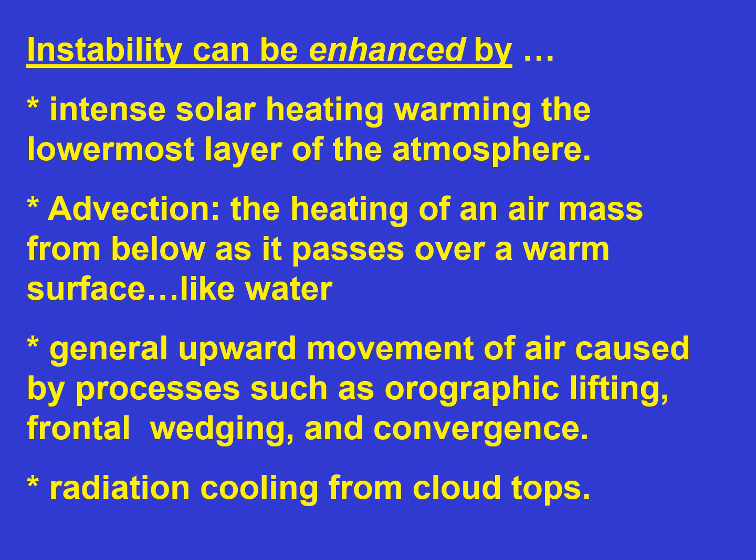So let's begin with what can enhance instability or make for an unstable atmosphere. Intense solar heating, warming the lower part of the troposphere. Advection, which is the heating of an air mass from below as it passes over a warm surface like a warm body of water. Advection can enhance instability. A lot of solar heat can enhance instability.